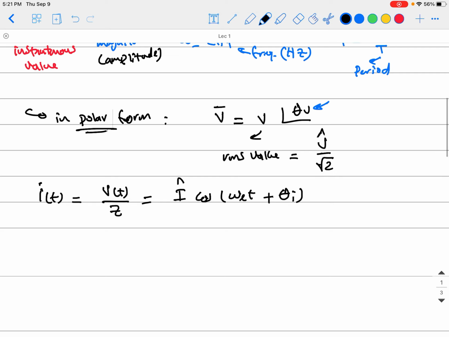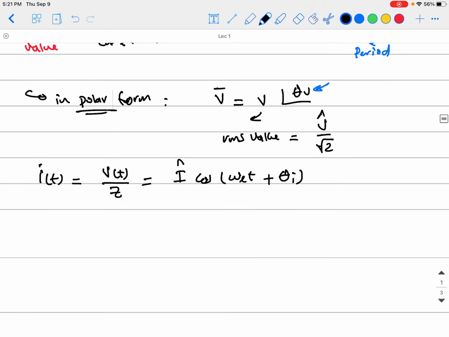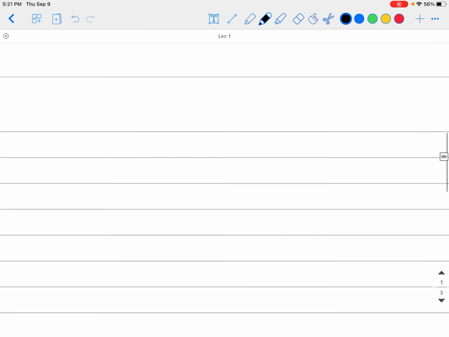It can also be represented in polar form like that: I equals I, but that's now the RMS, keep that in mind, at angle theta I. It's the same thing as we talked about for the voltage. So that's the voltage and the current.